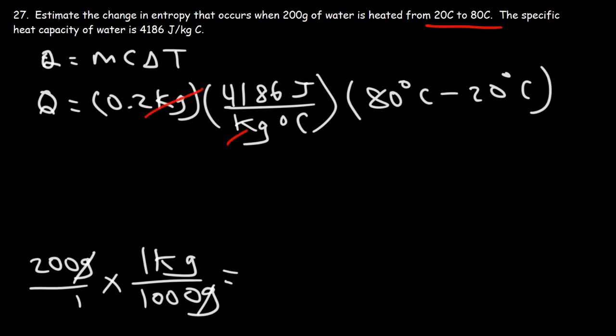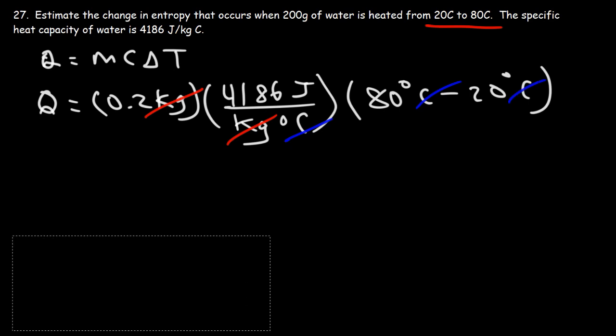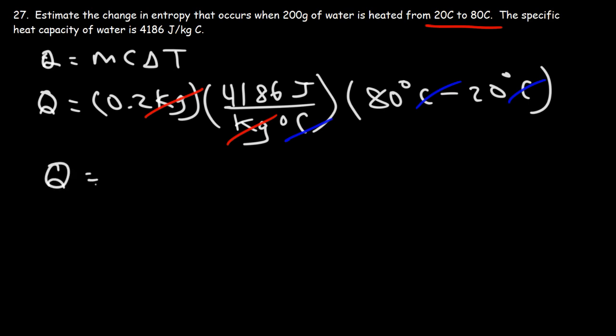So we can cancel the unit kilograms and the unit Celsius. So it's 0.2 times 4186 times 80 minus 20, which is 60. So Q is going to be 50,232 joules.